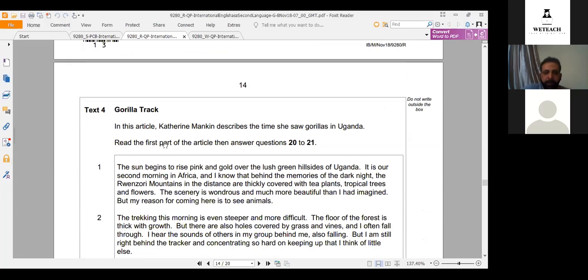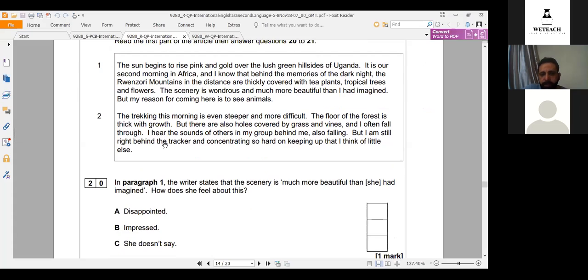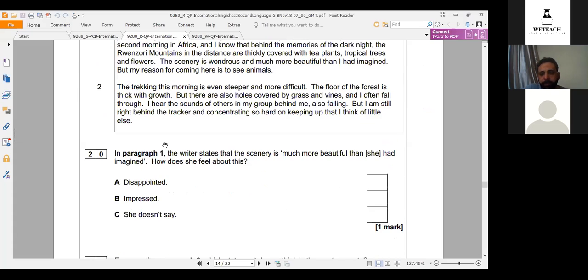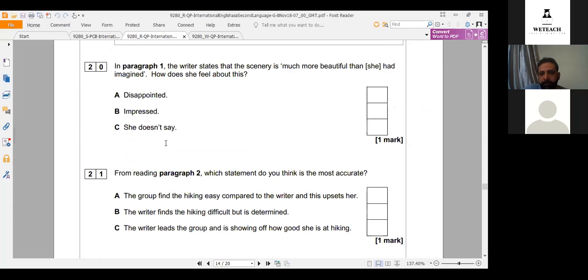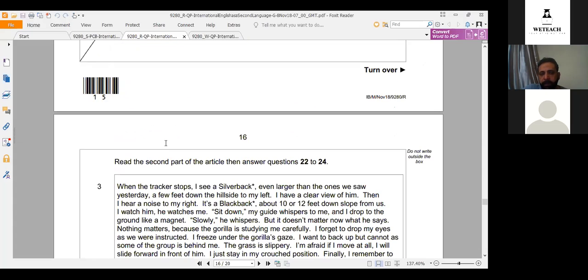Then we have text number 4. As you see, the first part of the text has some multiple choice questions. Then the second part of the text also has multiple choice answers.